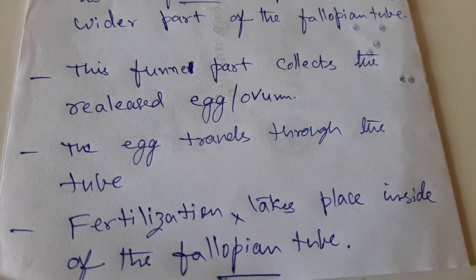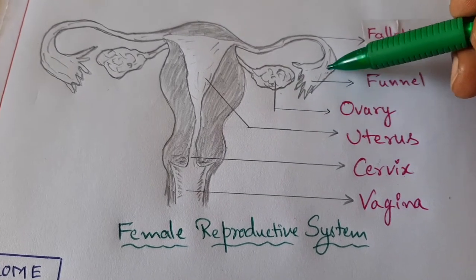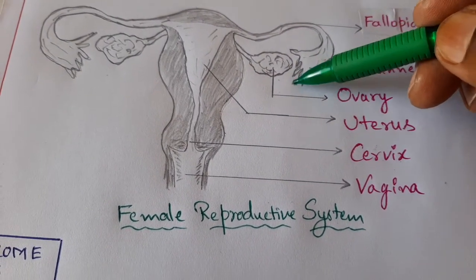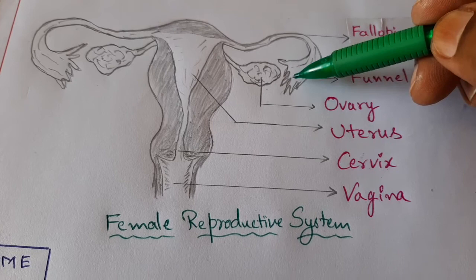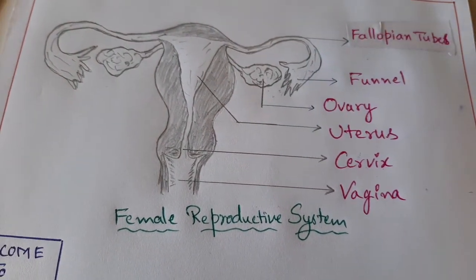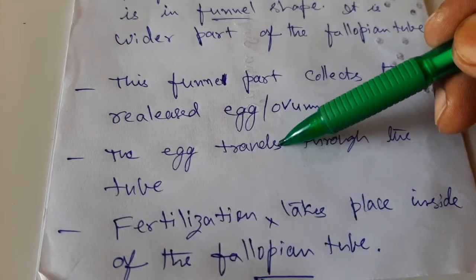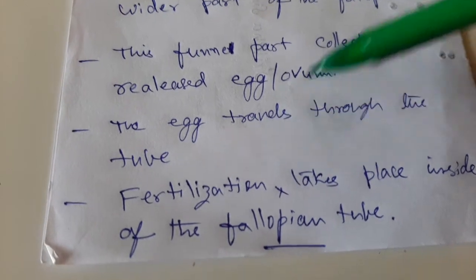Here observe, after ovulation, this funnel shape part collects the ovum which is released by this ovary. And come to the next point. The egg travels through the tube.